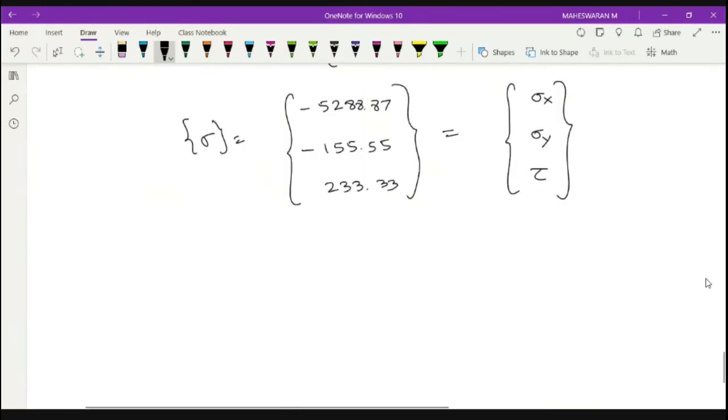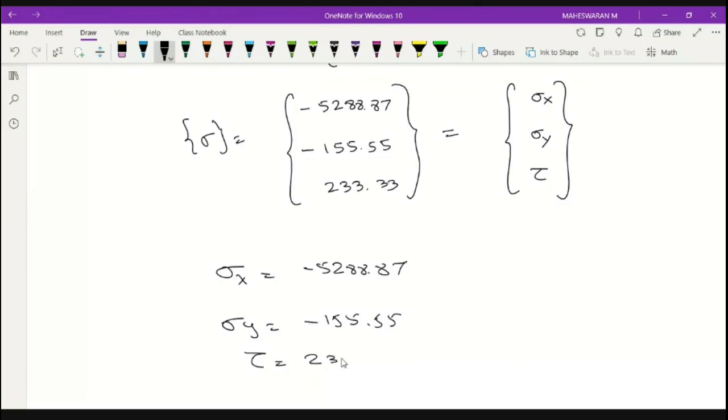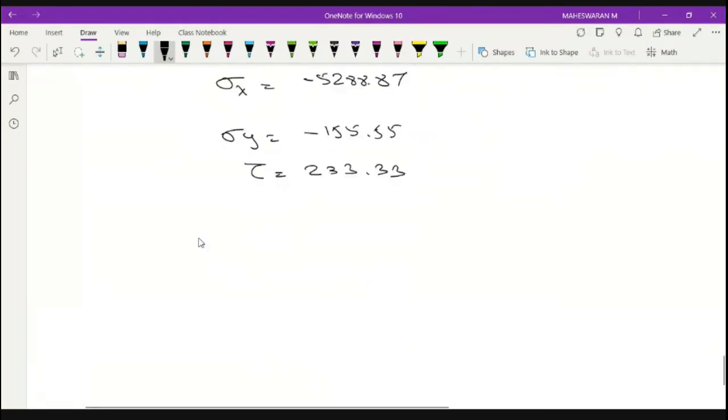Okay, now you have your stress values. So sigma x is known, minus 5288.87. Sigma y is known, which is 155.55. And tau is known, which is 233.33. Now they are asking for principal stress. So you know there are two principal stresses, sigma 1 and sigma 2. You have a formula: sigma x plus sigma y by 2, plus or minus.